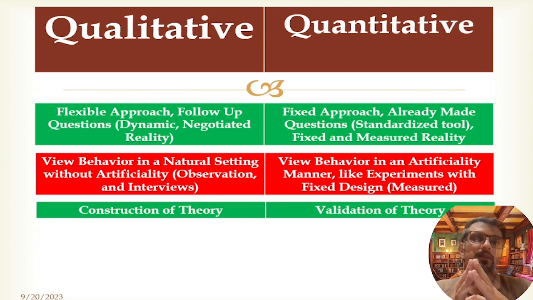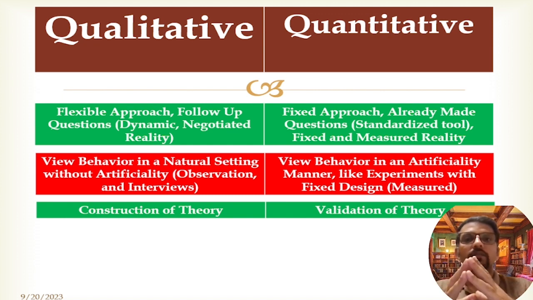Example: researchers may conduct interviews with customers to explore their experiences and perceptions of smartphone satisfaction. Through these interviews in qualitative research, they collect data that helps construct new theories or concepts. For example, they might develop a theory about emotional attachment to technology based on the stories and emotions shared by the participants.